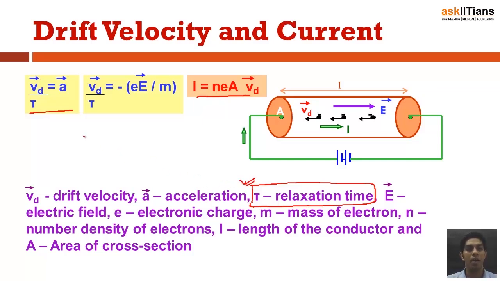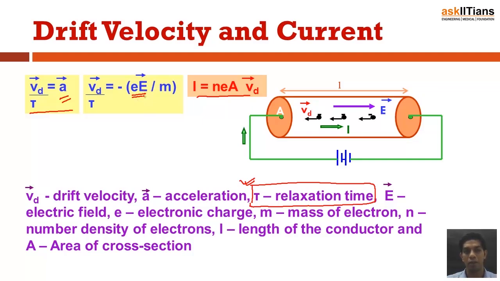If I divide my average velocity between those two events by the time between those two events, I will get an average acceleration. That average acceleration is equal to the force applied on that particle divided by its mass. We know that the force applied by an electric field on an electric charge is charge times electric field.